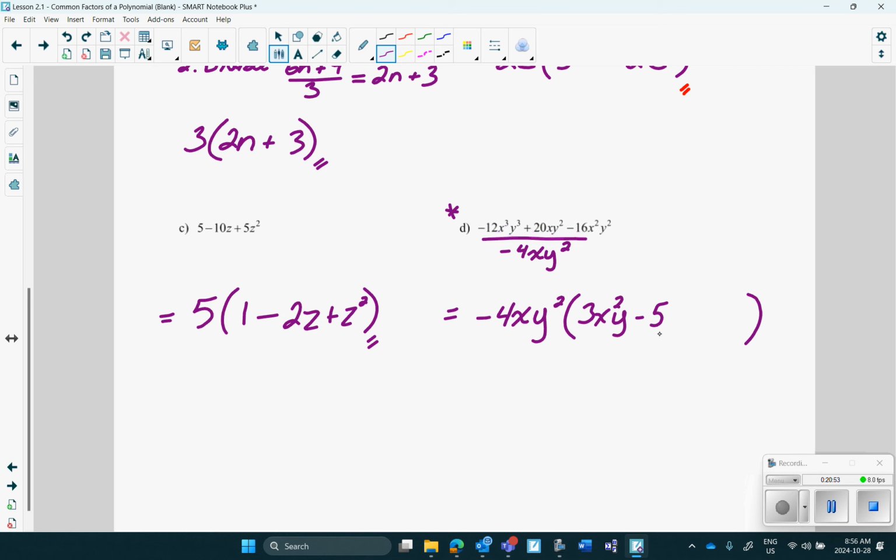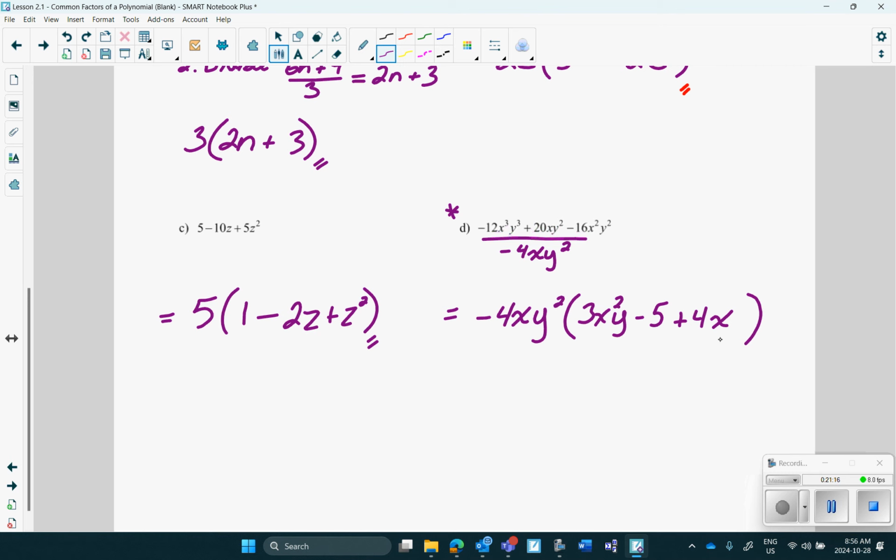So really, we're just left with 5 times 1 times 1, which is just 5. Finally, the last division. Plus 4x. Because y squared divided by y squared is 1, and times 1 we don't have to write it.